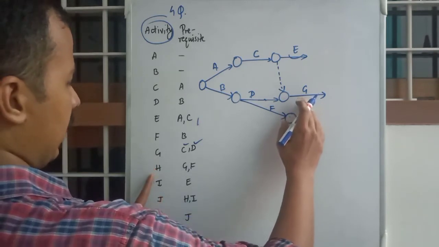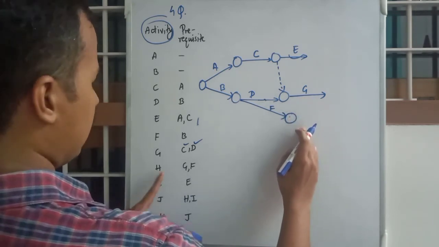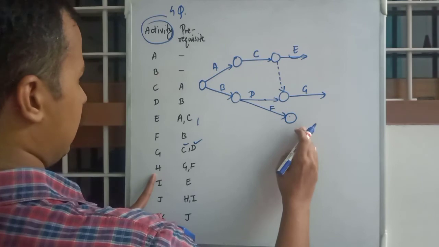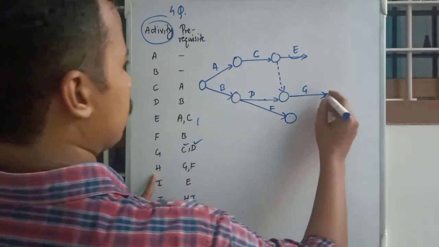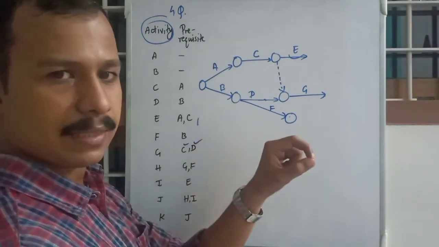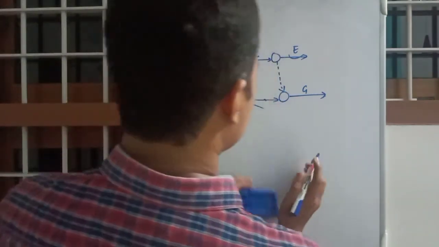Next one, H. For H, you have to connect G and F. That is, F and G will be coming to a single event. Okay, so I will have to alter this a little bit.